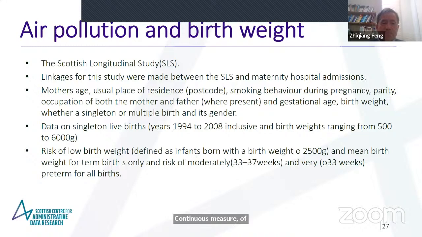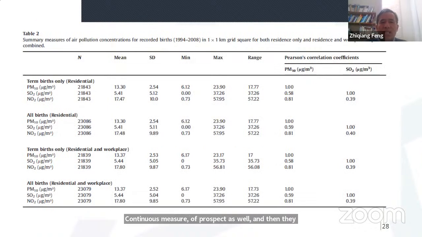And then they also look at preterm birth as well, but I won't go into detail for that research now. So here is some summary of the measures for pollution and for birth.